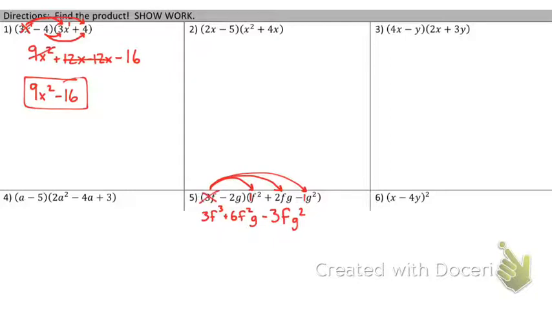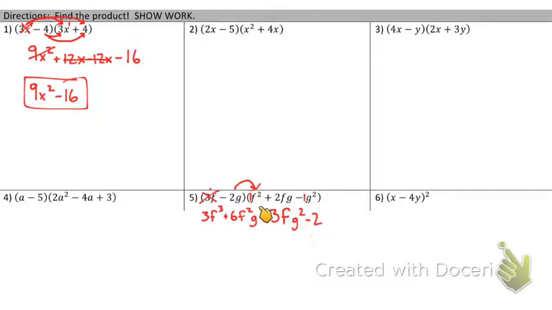All right, we're going to do the second term now. So let me erase this so I can have a little more room. So negative 2g times 1f squared. So negative 2 times 1 is negative 2. G times no g, that's just going to give us g.